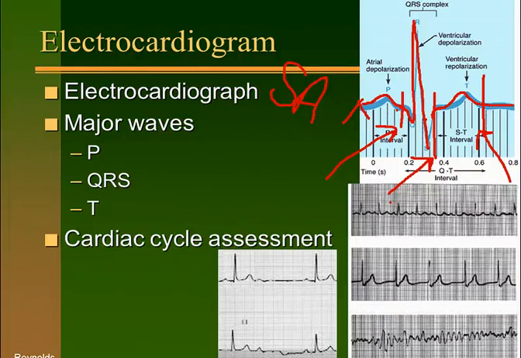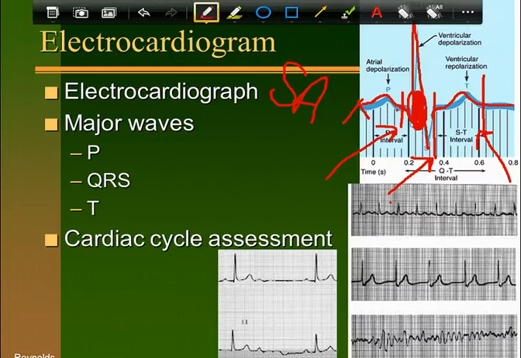It actually is occurring, but you don't see it on the wave because that repolarization wave occurs right here at the same time as the QRS. So if we could take the QRS away, you would see that repolarization wave of the atria. Okay, so let me get rid of all that stuff.